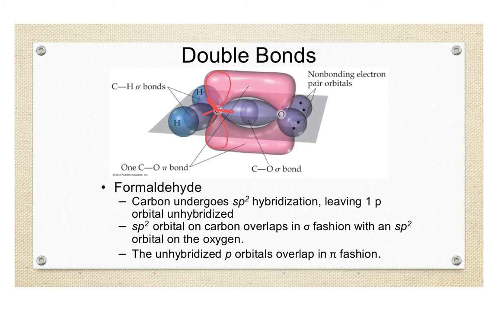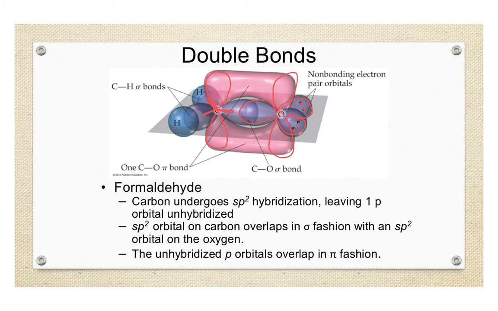On the other end, we have an oxygen. The oxygen is also sp2 hybridized. So here's our sp2 hybridization. In this one, we have two leftover unshared pairs of electrons on that end, but we still have a p orbital up and down that's not being used.